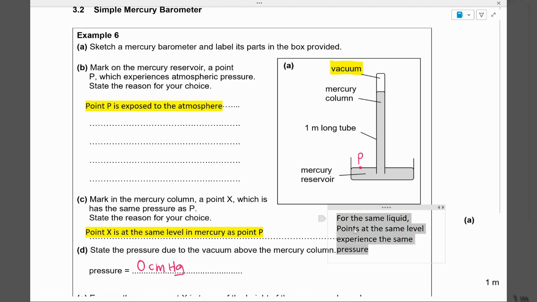This is actually the key idea that we are going to revisit over and over again for the barometer as well as the manometer. So take note of this.